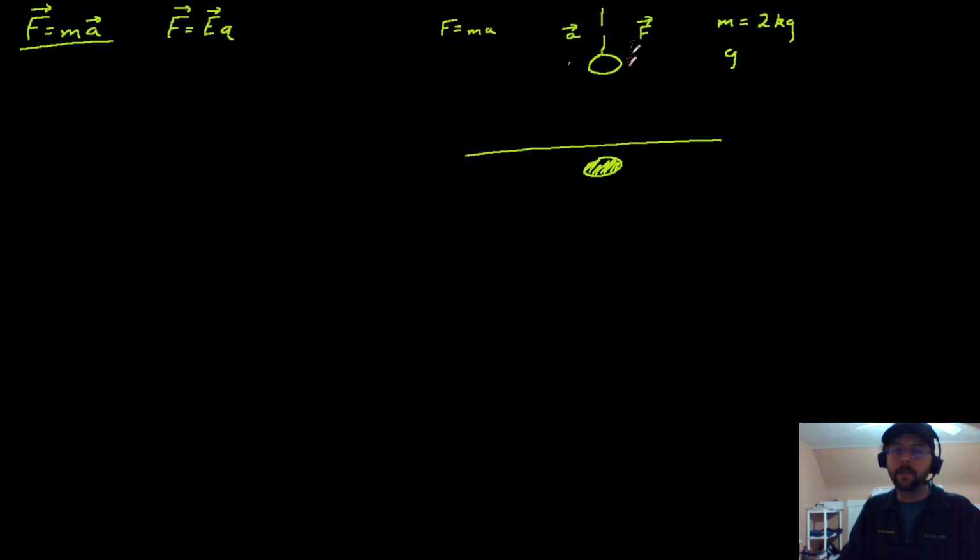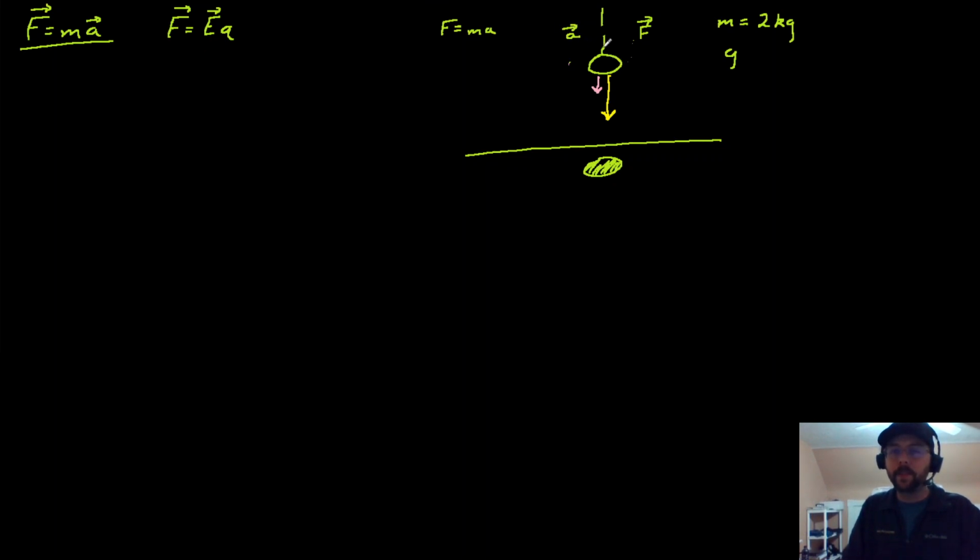Right, so let's erase those. So on this ball acting straight down, there's an acceleration vector, and maybe it's like that. And there will also be a force vector, which is going to be a bigger value.